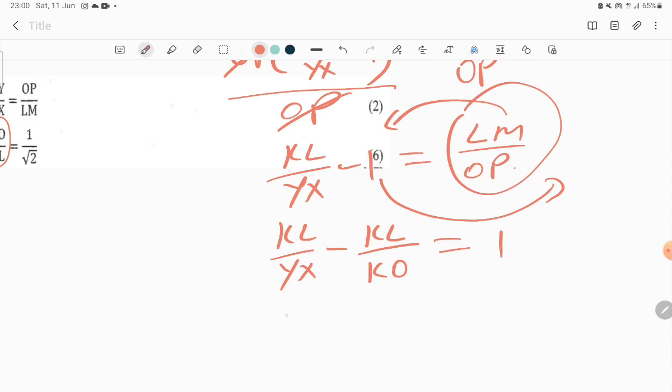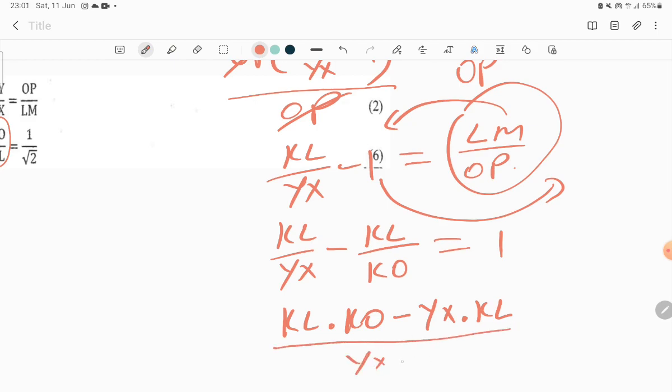We have KL times KO, divided by, okay, minus what? YX times KL. Now what are we having? We have divided by YX times KO, and this is equal to 1.